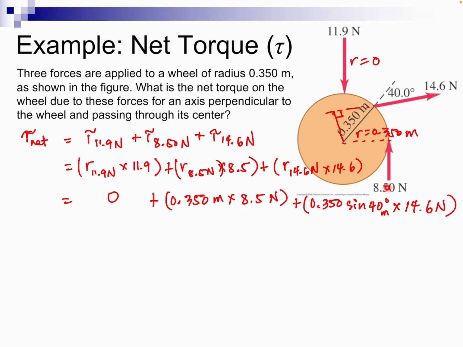Will this give a positive torque or a negative torque? Positive, because it will rotate this in the anti-clockwise direction, whereas for this force, the tendency is to rotate it in the clockwise direction. Hence, this one should be negative instead of positive. So your net torque finally will be negative 3.285 newtons times meters.